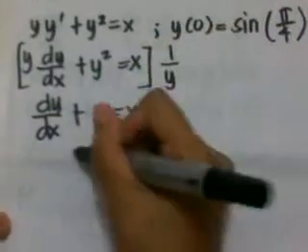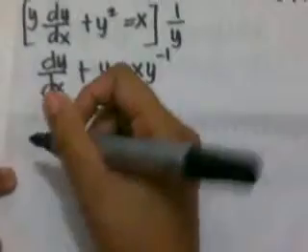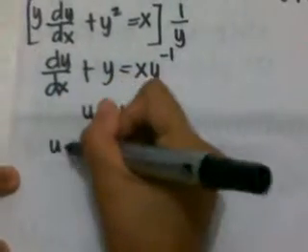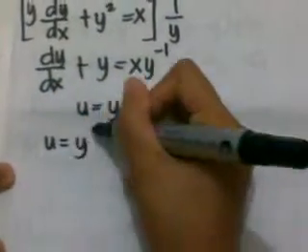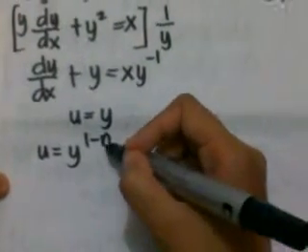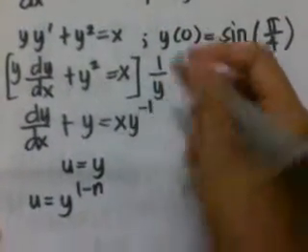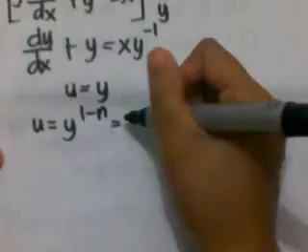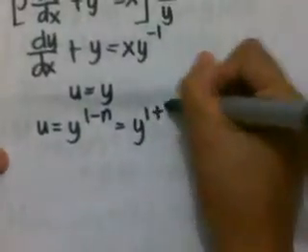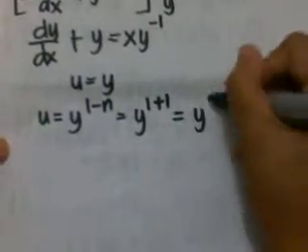So we let u = y^(1-n), wherein n here is from the n of your standard form, which is negative 1. So u = y^(1+1), wherein your u value is equal to y squared.